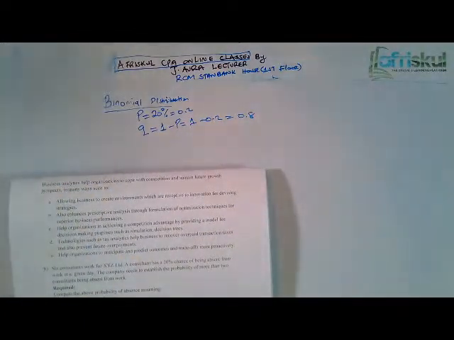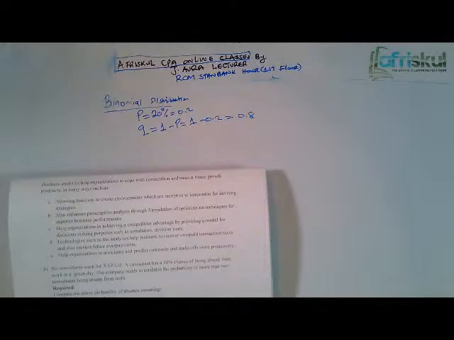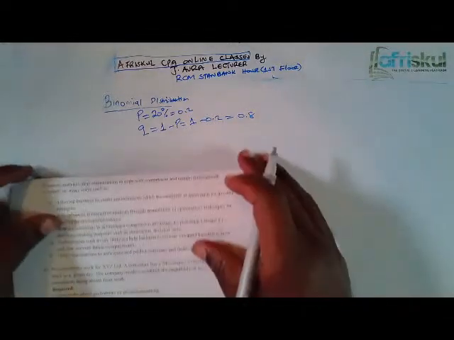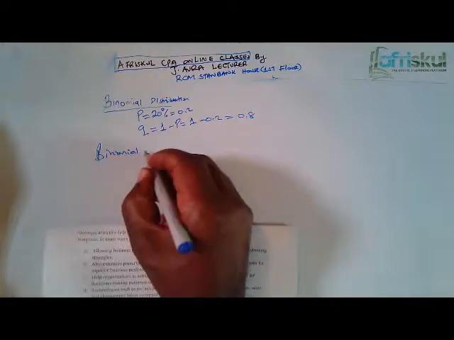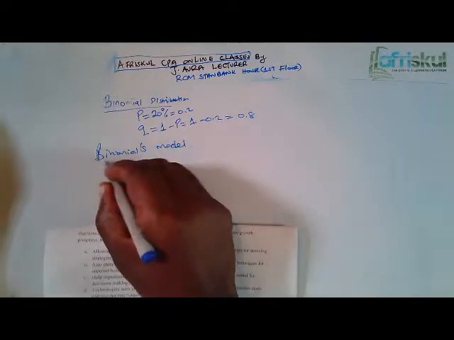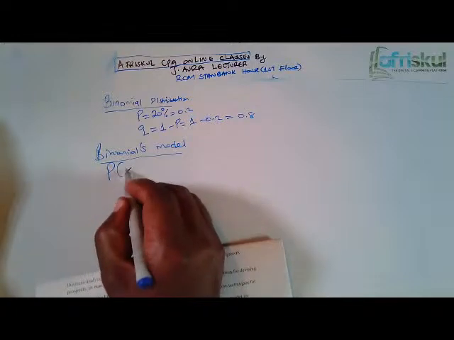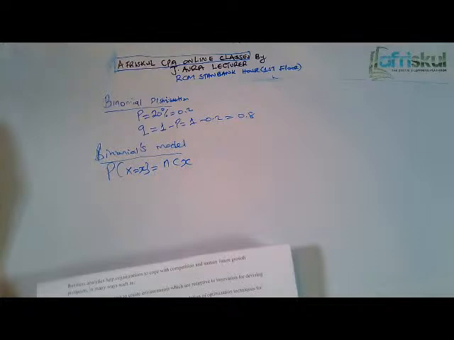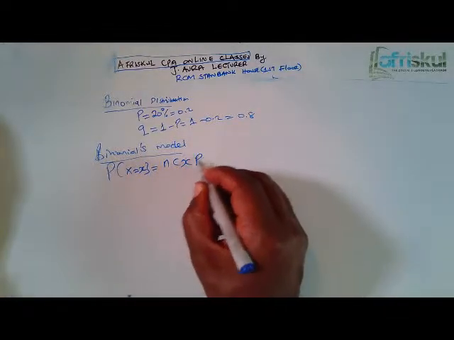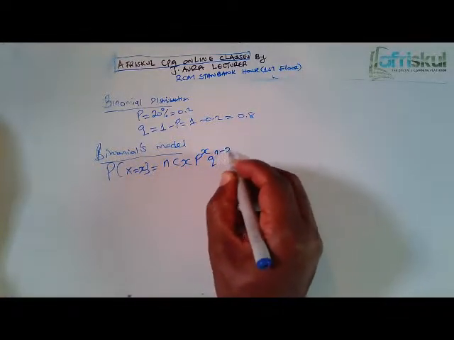So what am I saying, ladies and gentlemen? Anytime they give you a binomial question, first of all, you have to start by defining your P and your Q. And the moment you do that, straight away you'll be able to remember the binomial model. So, the binomial model: the probability of X being equal to x is n combinations x, multiplied by p raised to x, q raised to n minus x.